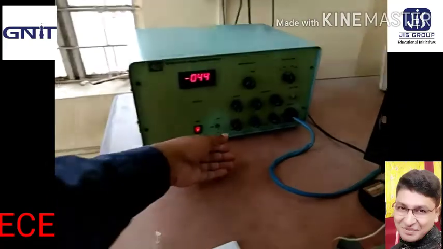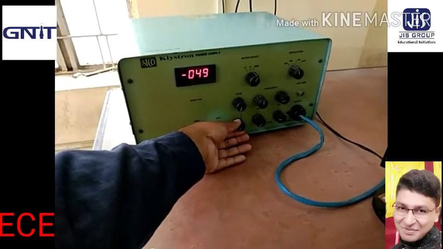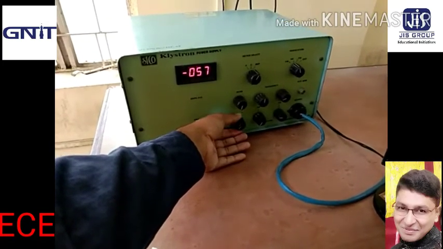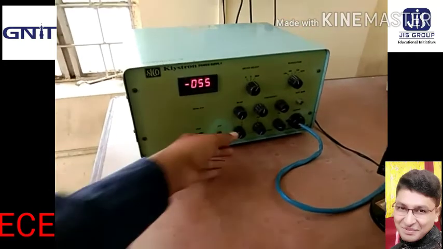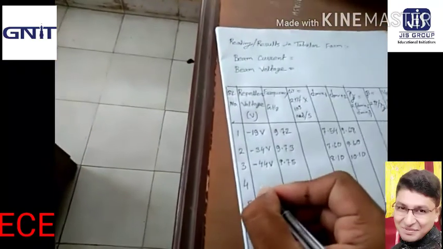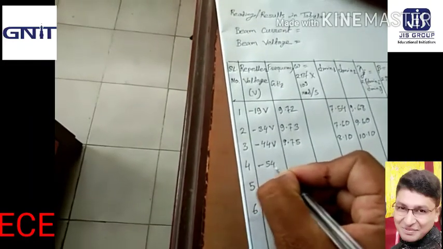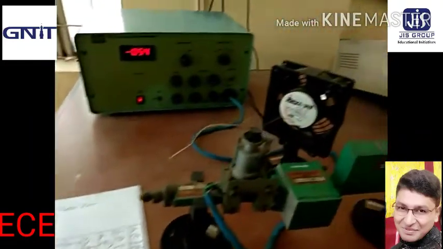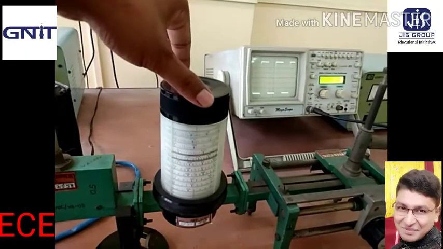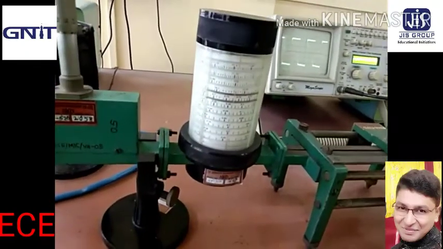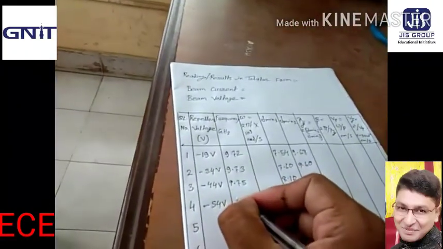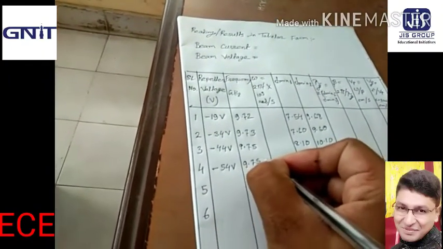Now vary the repeller voltage. The next value is minus 54 volt. The frequency is 9.755.